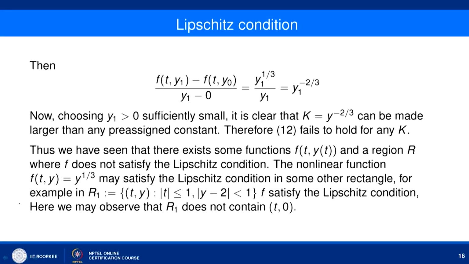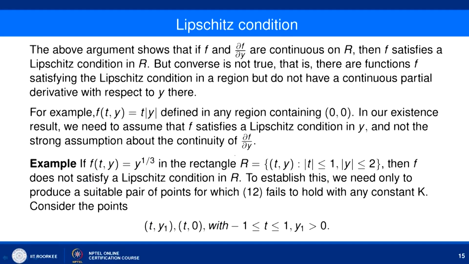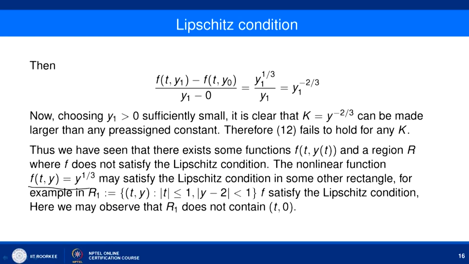But this function may satisfy the Lipschitz condition in some other rectangle, and here the quantity y1 to the power −2/3 is actually bounded by some constant k. We can always find the constant k such that ∂f/∂y is bounded by k, and the boundedness of the modulus of ∂f/∂y implies that f satisfies the Lipschitz condition. So, here we stop our lecture.